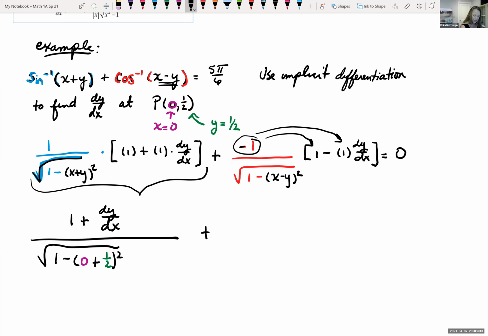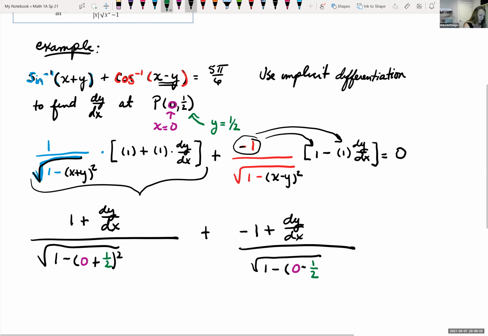So that will give me in the numerator a -1 plus dy dx, all over the square root of 1 minus, and again, let's go back in and plug in what our x and y value is. X is 0 in this case, minus the y value, which is 1/2. We're going to square that quantity, and this is equal to 0.